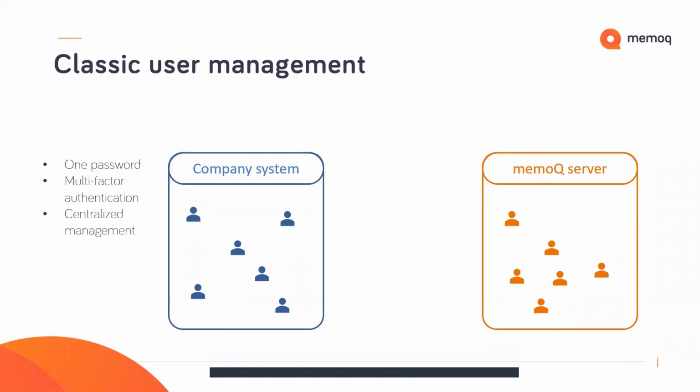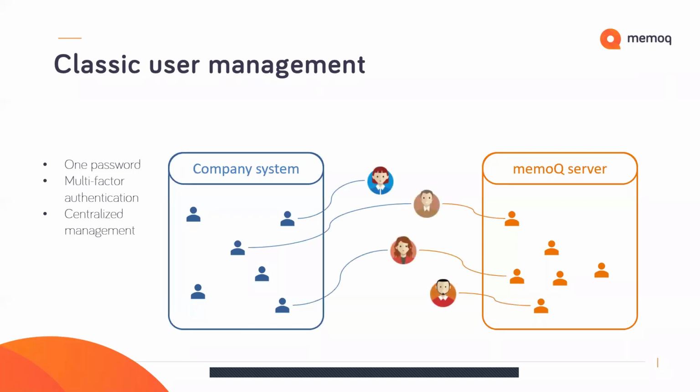Multi-factor authentication can be turned on if the company wants it, and the whole user management is done centrally. So any kind of policy that the company wants to introduce only has to be introduced once.